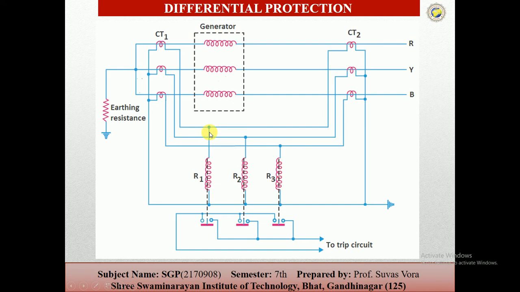Now the differential protection we use for two purposes, एक तो इंटरनल फॉल्ट्स के लिए और दूसरा अर्थ फॉल्ट के लिए. If an earth fault or internal fault occurs, the entering current and the exit current of the CTs will differ, and at that time R1 and R2 will be open and the relay will trip the circuit breakers. So these are the differential protection systems.